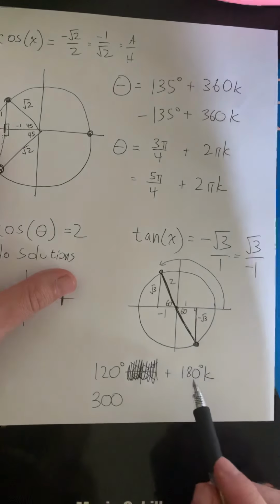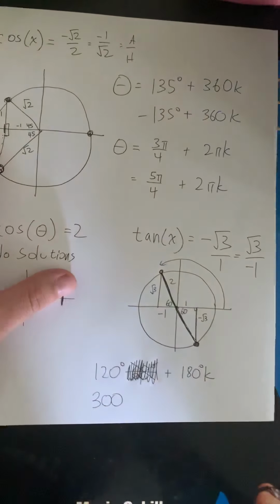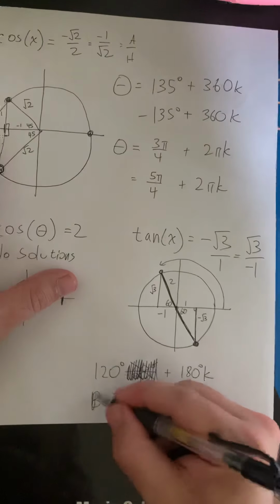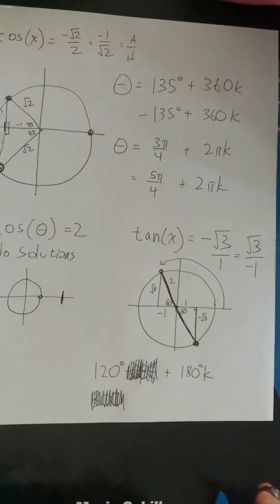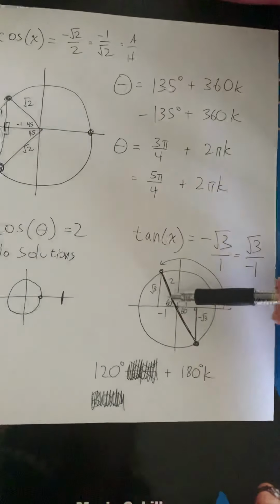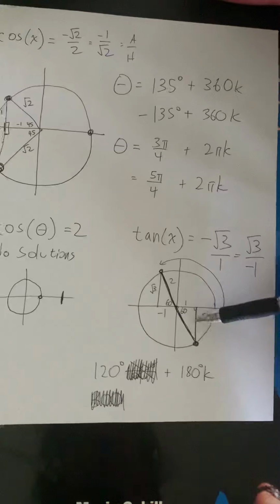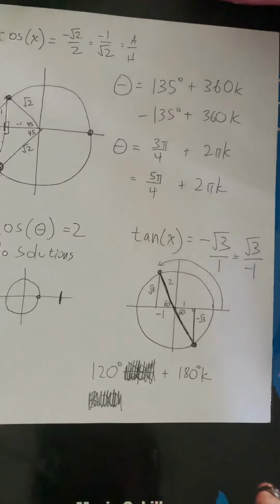Because look. If you add 180 to 120, what do you get? Put your calculator down. You get 300. So, not for sine or cos, but yes for tangent, one of the triangles is enough in your picture because that shows you the other triangle, because a perfect 180 rotation leads you to the other triangle.